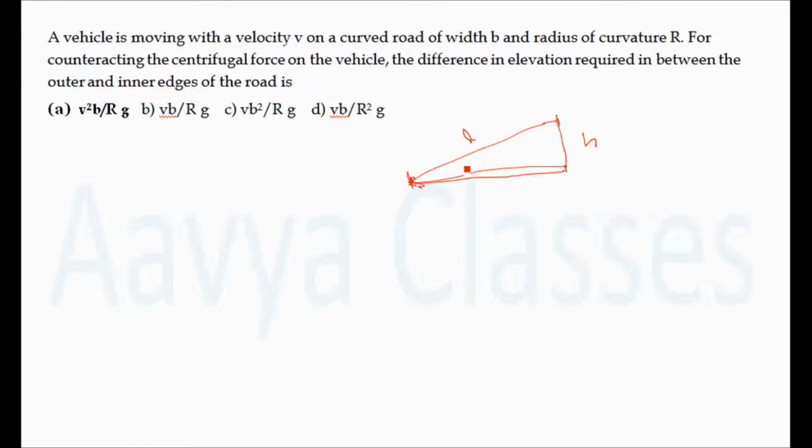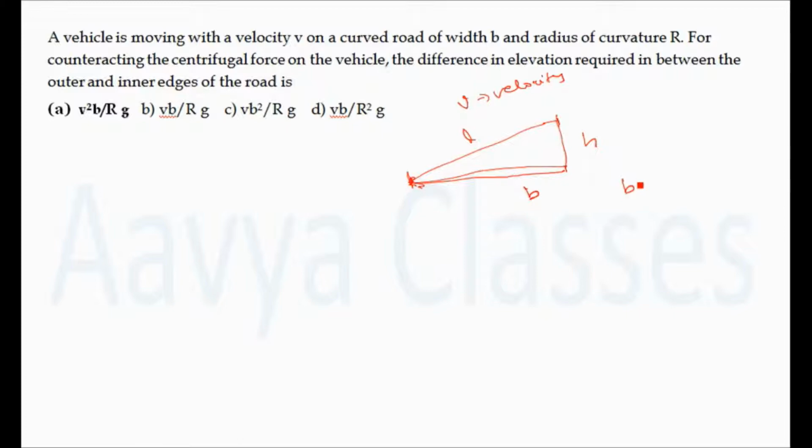So you have to calculate the difference in elevation. As we know, if this is our length L, and it is given that the velocity of the vehicle is v, and the width is given as b.